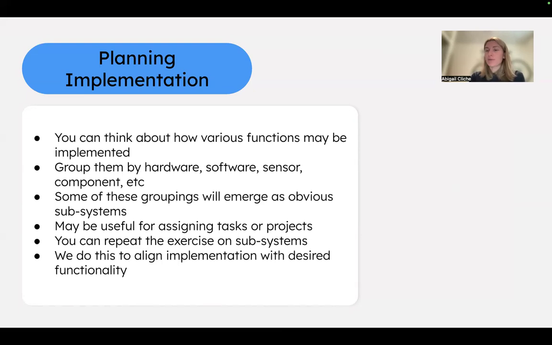And each subsystem might be responsible for a different set of functions. And just a reminder, this is not making implementation decisions. It's not the same thing as picking out a specific component to perform a function. It should be really higher level than that. That's still engineering work. But it may help you further refine the system design and think about how you might want to split up work or what kind of project you really have ahead of you.